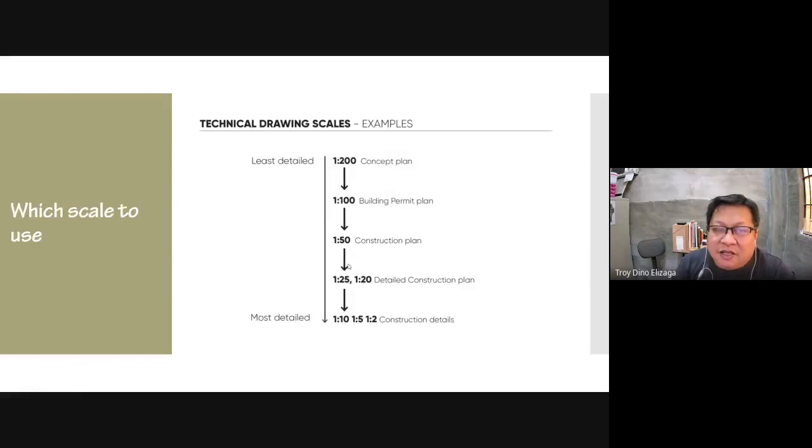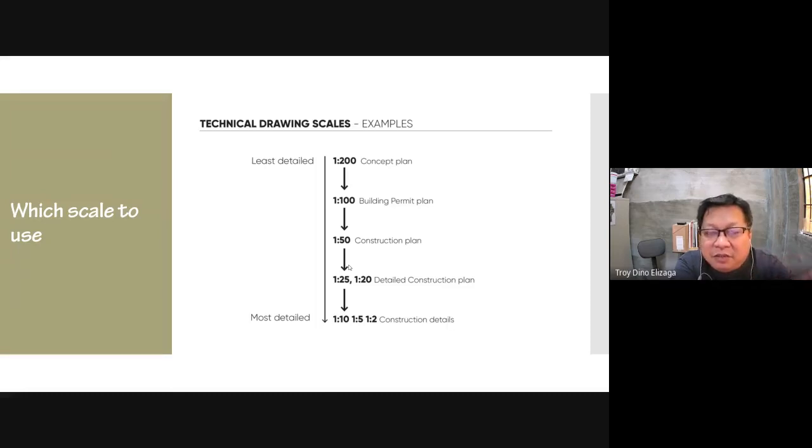Okay, so earlier I mentioned to you that the scale to use may depend on what drawings you're going to make, and there is an industry standard for it. The least detailed, like 1 is to 200, is sometimes used for concept plans.